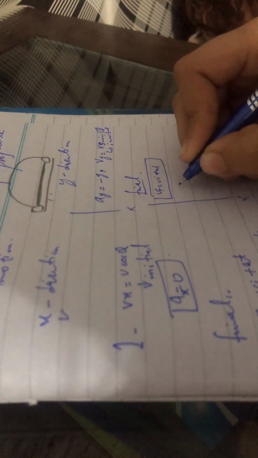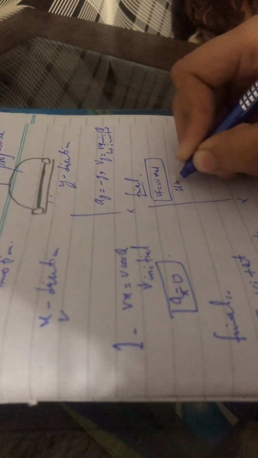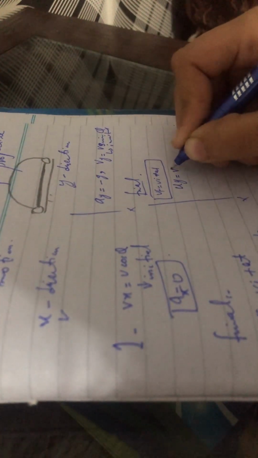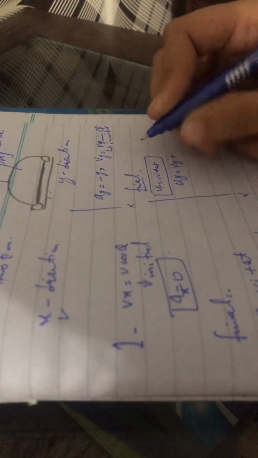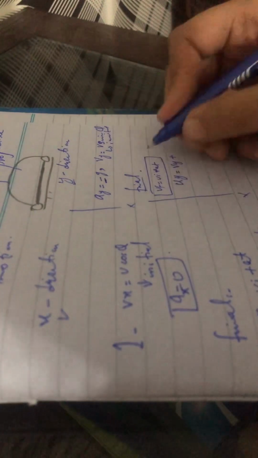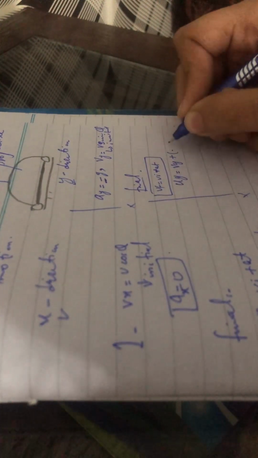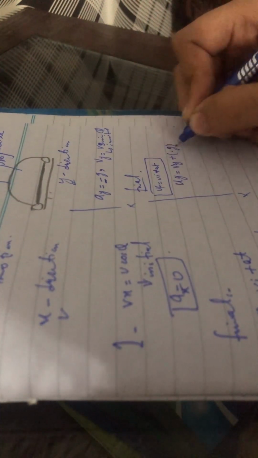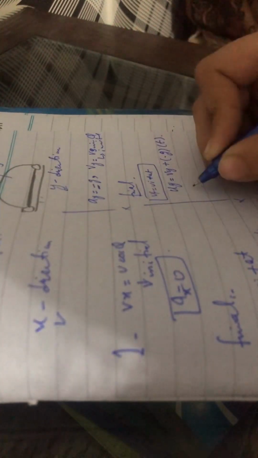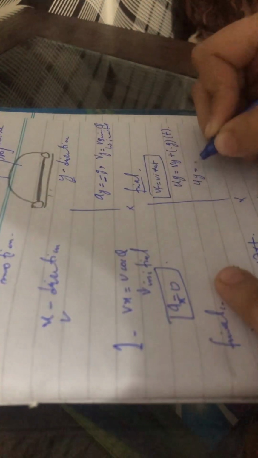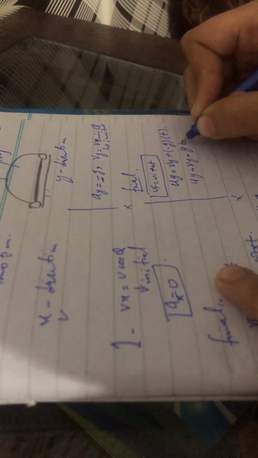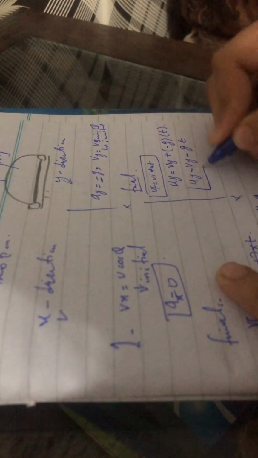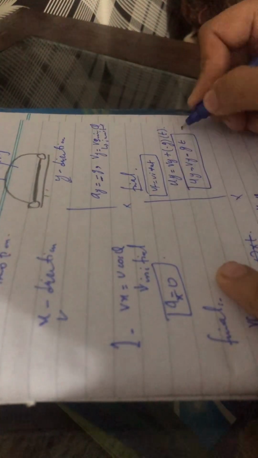So uy is equal to vy plus, and what is the acceleration here? That is minus g. So here we will use minus g and t. So it will be uy is equal to vy minus gt. So this will be the final velocity in the y direction.